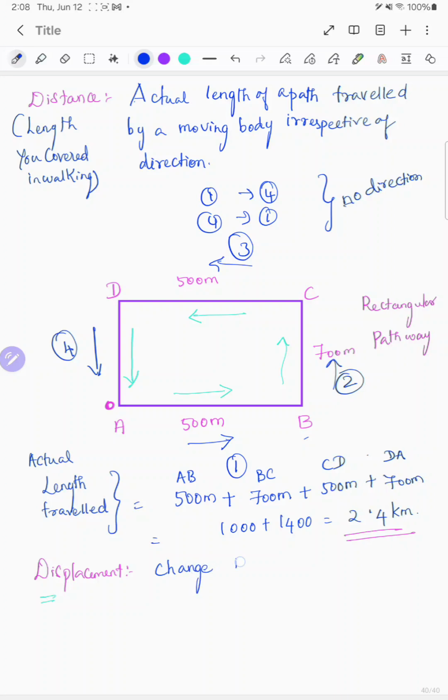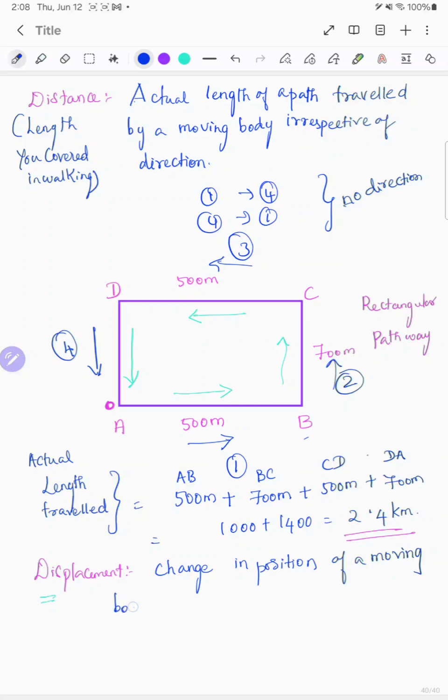You are changing position from A to B, then from B to C, C to D, and then D to A. There is a displacement until C to D, but when you come back to A, the starting point itself, your displacement is 0, right?